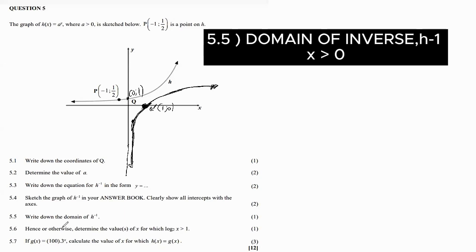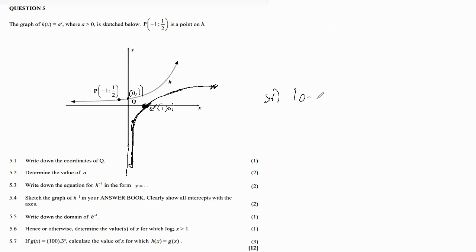Then they say hence or otherwise determine the values of x for which log base 2 of x will be greater than 1. So basically from here, for 5.6, you can choose to say log base 2 of x greater than 1, and just try to calculate. If we take the 2 here, it will lift the 1 to be an exponent.